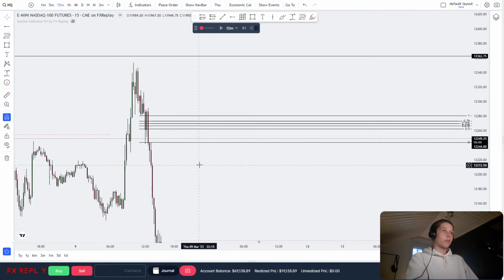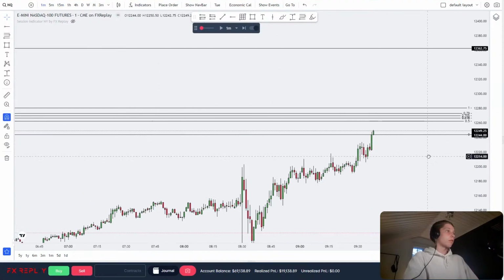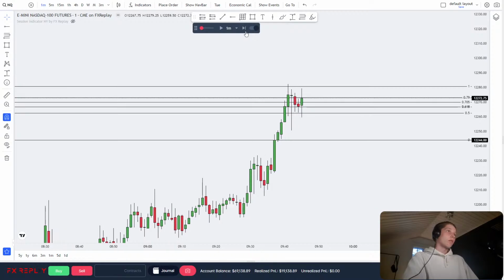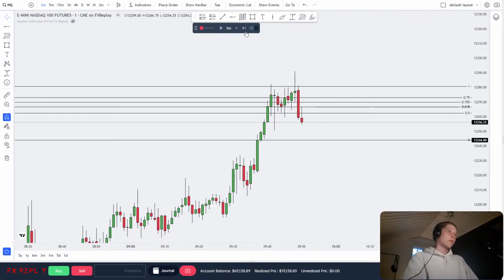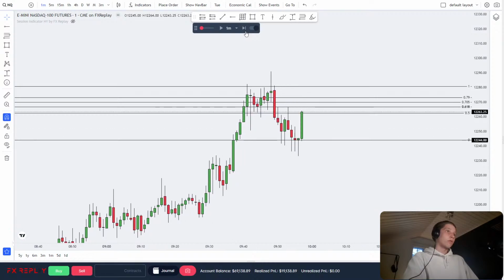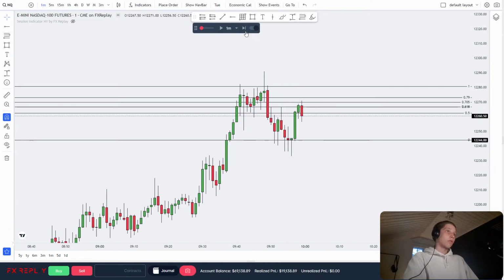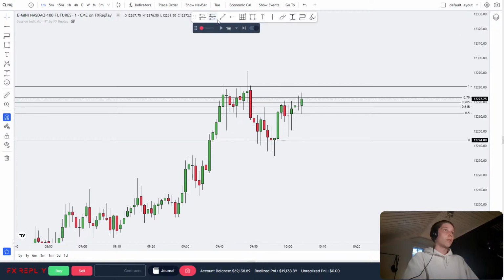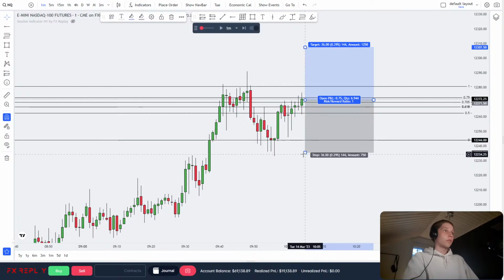Let's look at the range. So there is kind of a choppy range there. That gap is filled. Rejection. So we'll be super bullish. We flip this bear gap now.